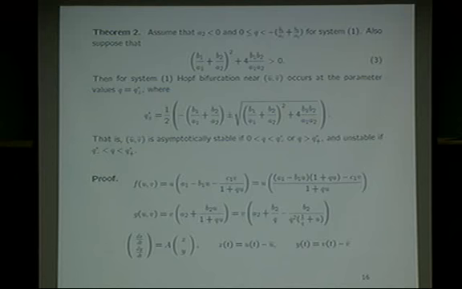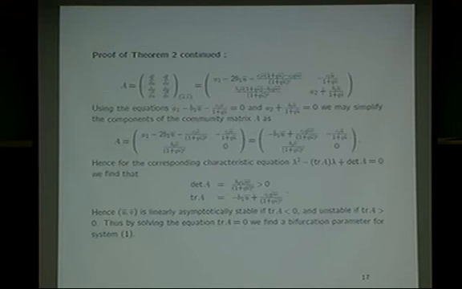The proof consists of the computations using the matrix A and looking at the eigenvalues. So in the computations we see that the determinant of this linearized matrix, the community matrix, is always positive.